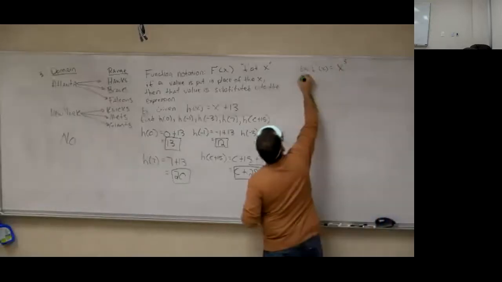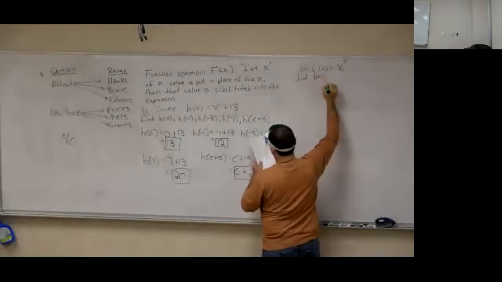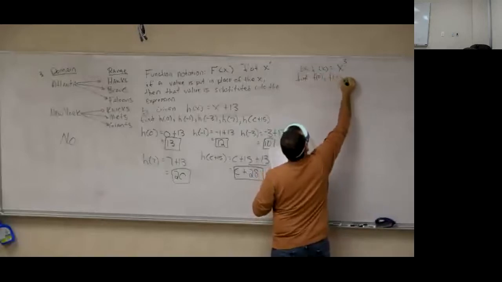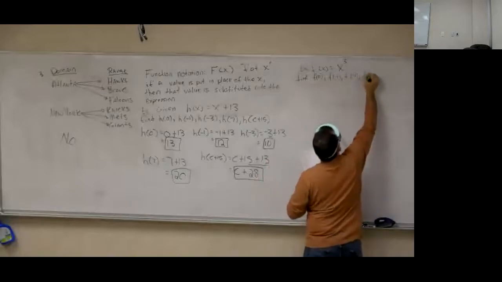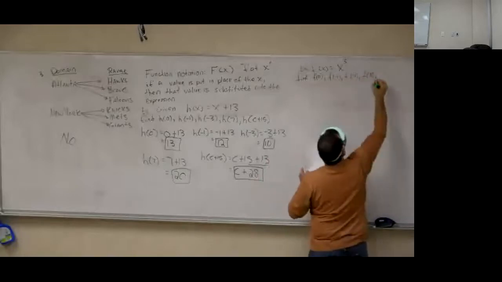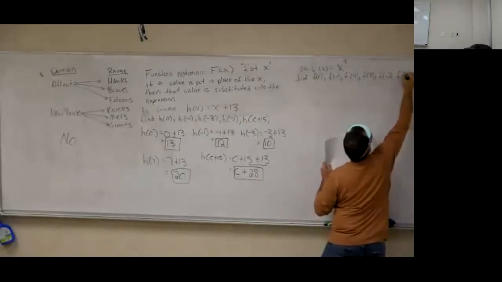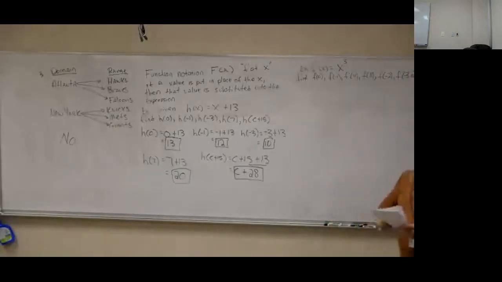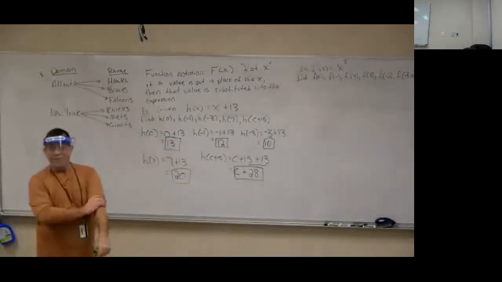We will find f of 0, f of negative 1, f of 4, f of 8, f of negative 2, and then finally f of negative 3a. All right, so that's 6 of them they want us to do. But really, they're just trying to test these exponent rules on you.